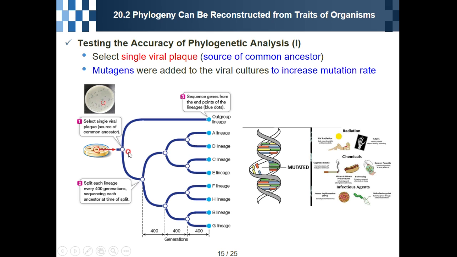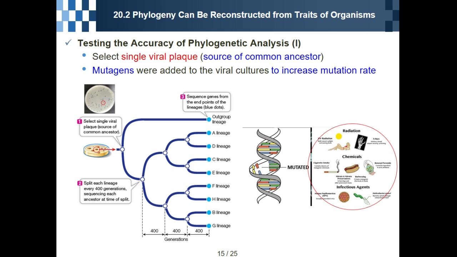After that, we added a lot of mutagen. Mutagens were added into the viral culture to increase the mutation rate. For example, we can add some radiation, or we can add some chemical to the virus culture.